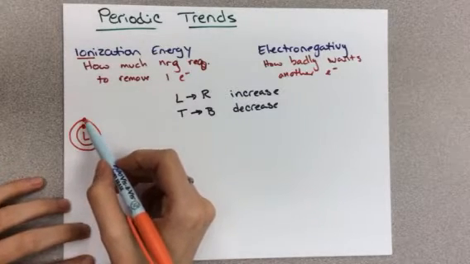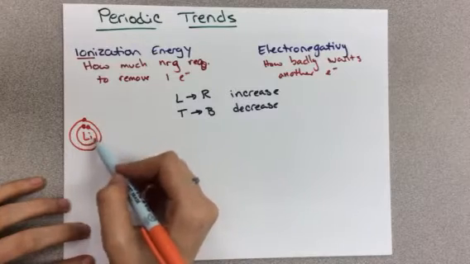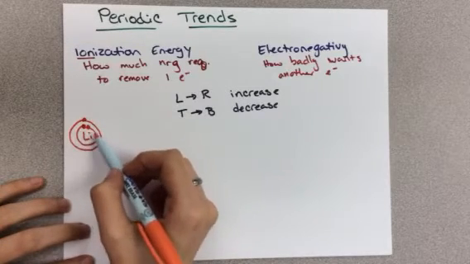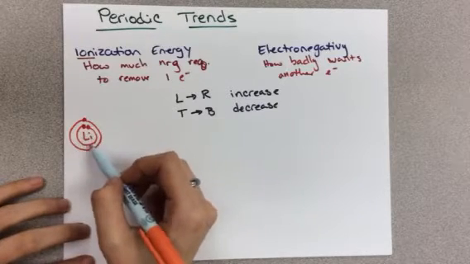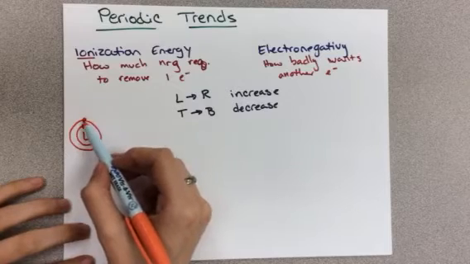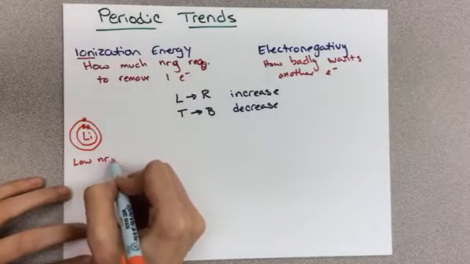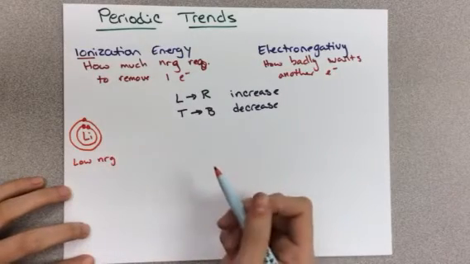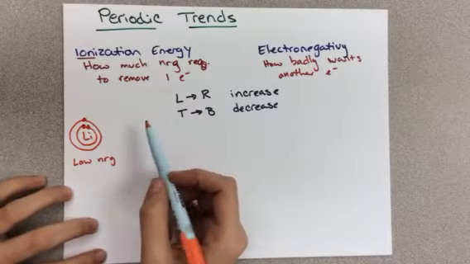This lithium atom is more than happy to just give away that final electron because once it gives it away, its outermost shell is full. It's going to be totally happy, right? So it is very, very willing to get rid of that electron, so that's very low energy. It does not require a lot of energy to get rid of that electron.